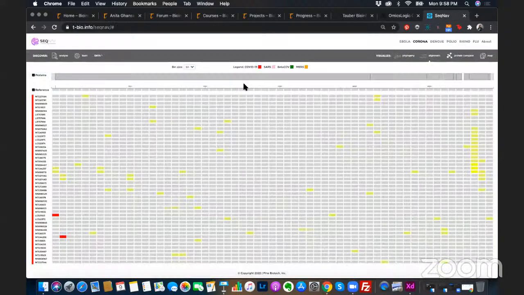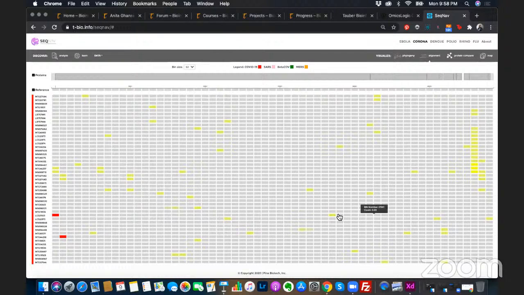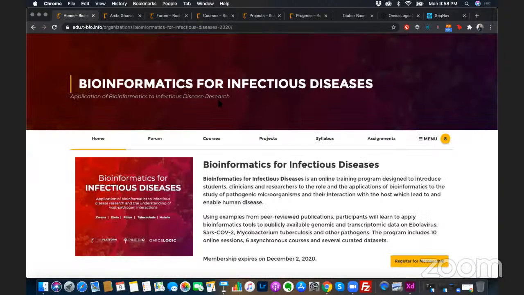And also the SeqNav, which we had seen today. So these are some of the resources that are there as part of the Bioinformatics for Infectious Disease program.